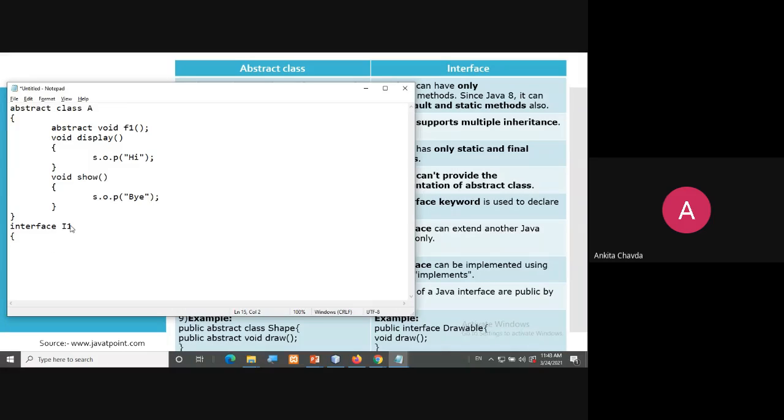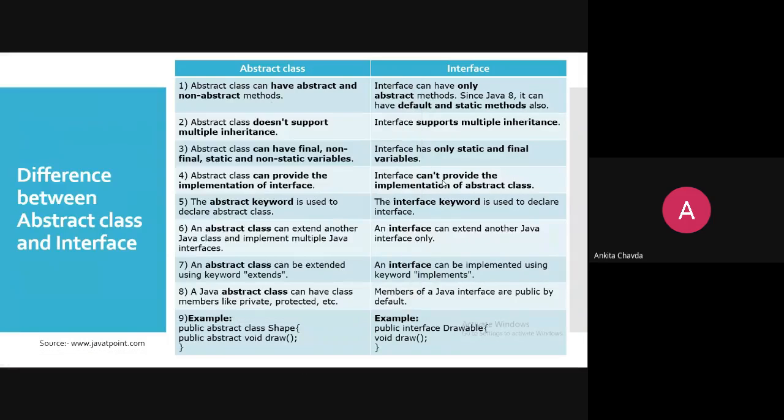that are of abstract type. There is no such method where you are giving any kind of definition. You are only putting a semicolon here. That's it. So that is the first difference. Here the abstract class has abstract and non-abstract methods, and the interface can have only abstract methods.